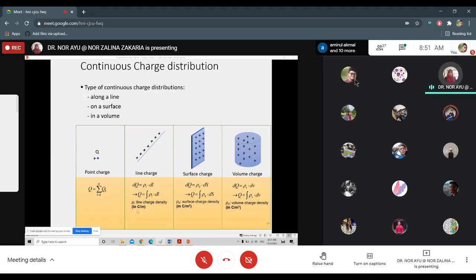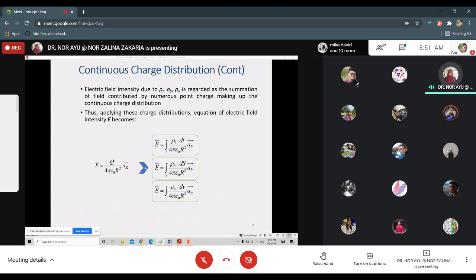The unit for Q is coulomb, for line charge it is coulomb per meter, for surface charge coulomb per meter squared, and for volume charge coulomb per meter cubed.